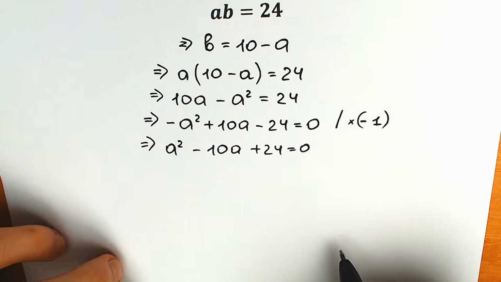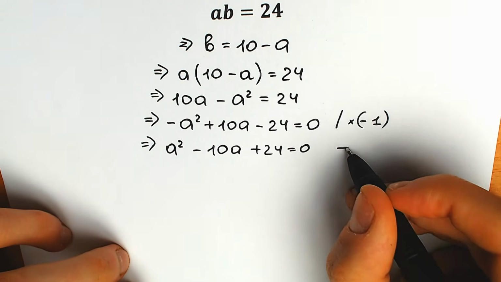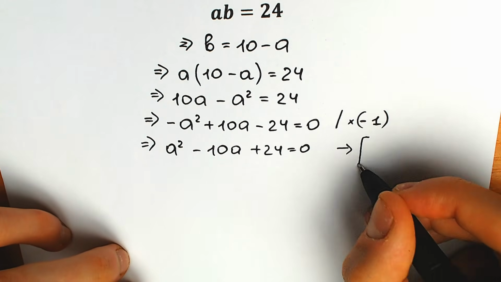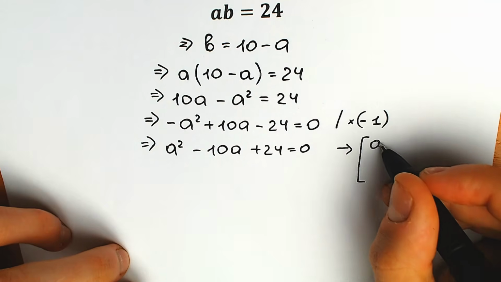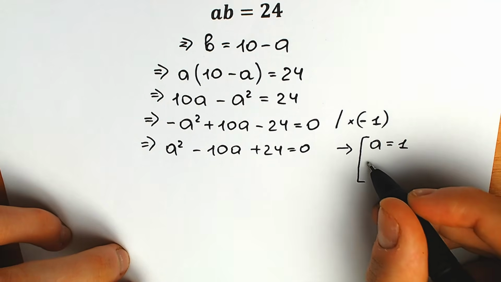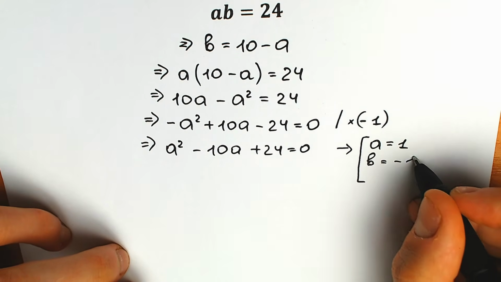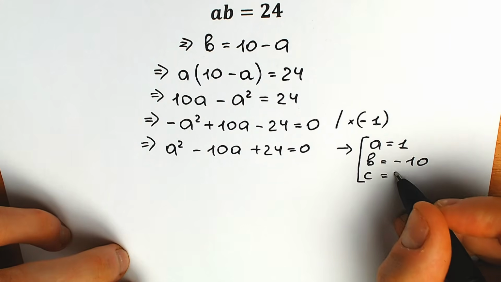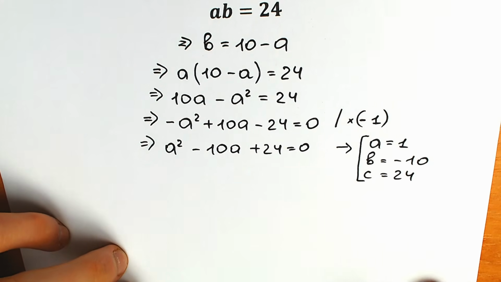So what we're going to do next, of course, is solve it. But first, my quick recommendation: let's write our coefficients. Our a equals 1, b equals minus 10, and c equals 24.